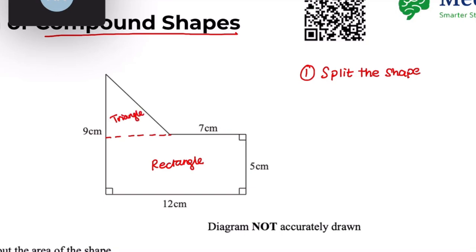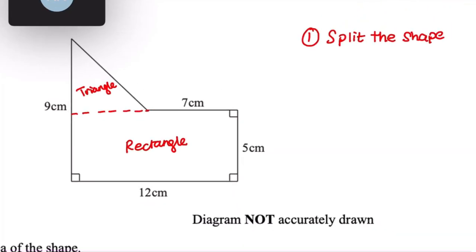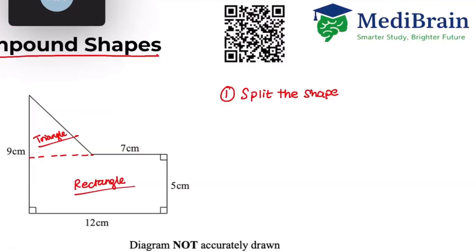So I formed two shapes there. Now I'm going to work out the area of this rectangle, then the area of the triangle, and then add them together. So you split the shape to form two shapes, and then you work out the area of each shape.